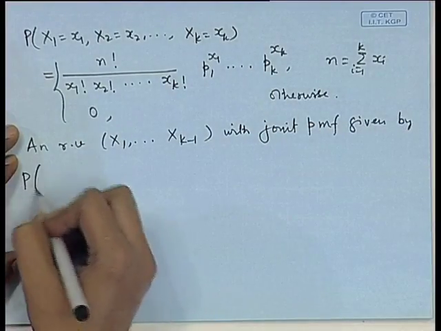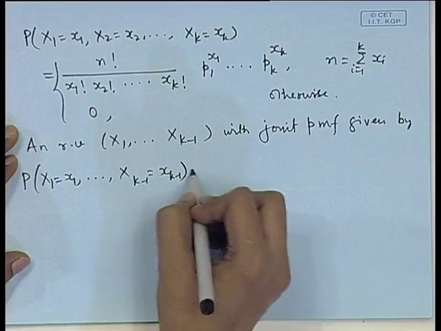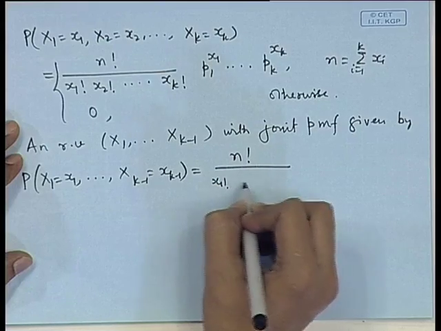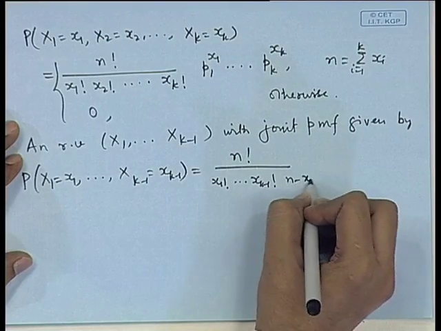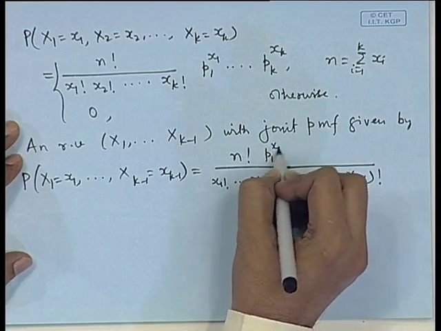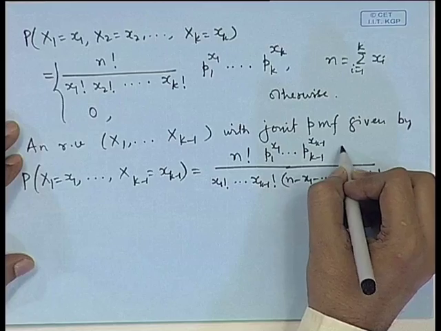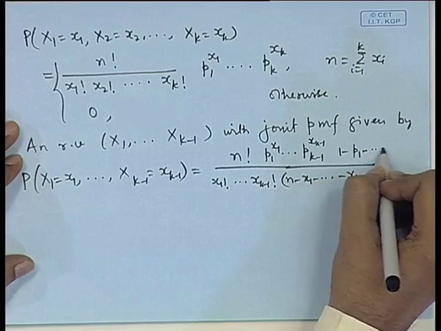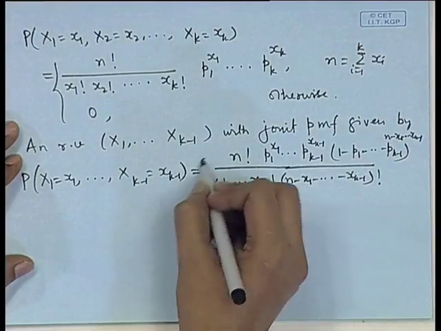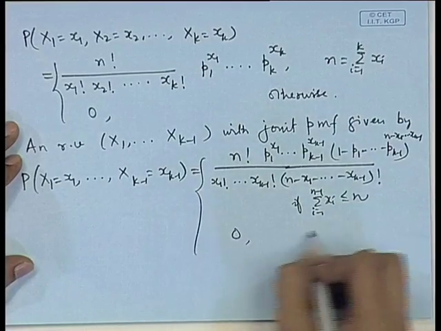So, we consider it as probability of x 1 is equal to small x 1, x 2 is equal to small x 2, x k minus 1 is equal to small x k minus 1, that is n factorial divided by x 1 factorial, x 2 factorial, x k minus 1 factorial, n minus x 1 minus x 2 minus x k minus 1 factorial, p 1 to the power x 1 and so on, p k minus 1 to the power x k minus 1, and then 1 minus p 1 minus p 2 minus p k minus 1 to the power n minus x 1 minus x 2 minus x k minus 1, if sigma x i, i is equal to 1 to k minus 1, is less than or equal to n, 0 otherwise.